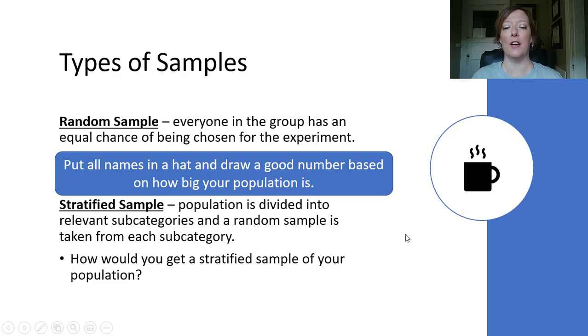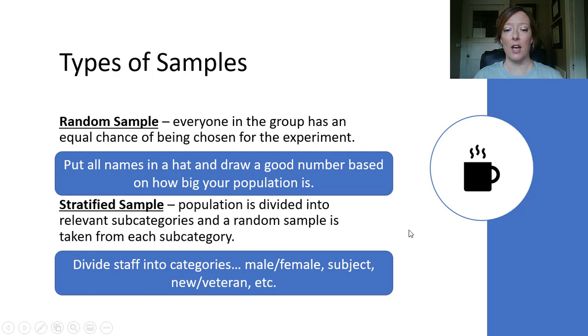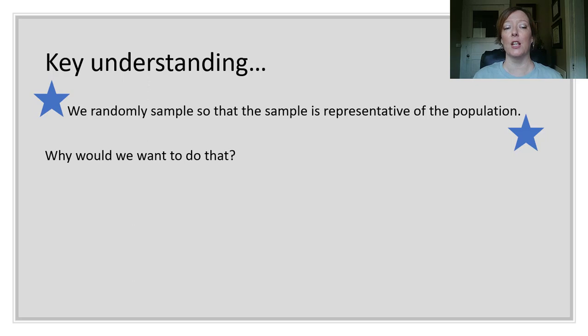So how would we get a stratified sample in our population? Well, we want to divide our staff into categories: male, female, what subject they teach, whether they're new or veteran teachers. Those are examples of how you could get a stratified sample. Key understanding: we randomly sample so that the sample is representative of the population. Why do we do that?